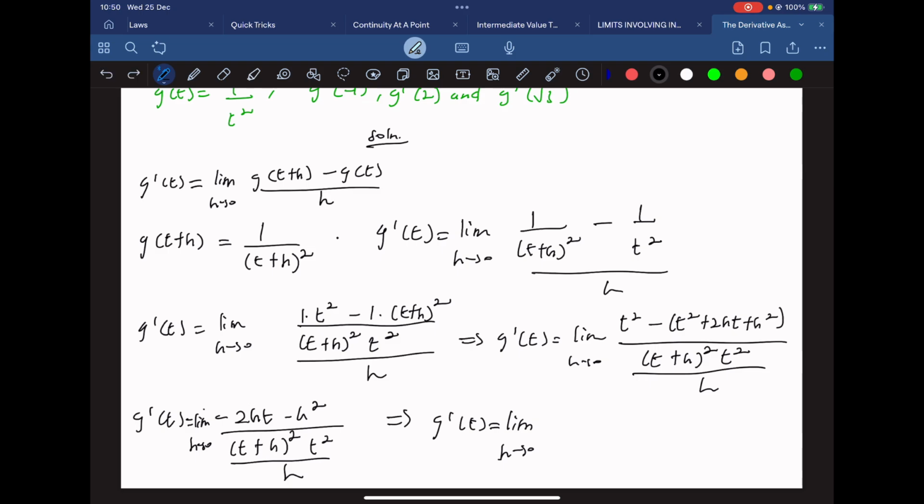So you can factorize the h out. Then we have minus 2t, then minus h out of, now we have t plus h all squared multiplying t squared. All divided by h, you can write times 1 out of h. So we can see that this h will cancel this h.